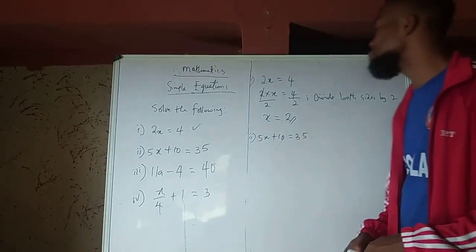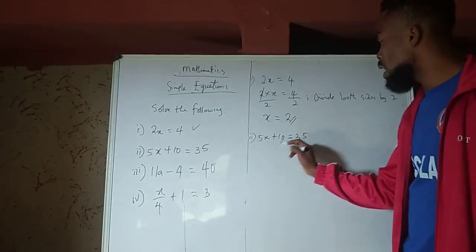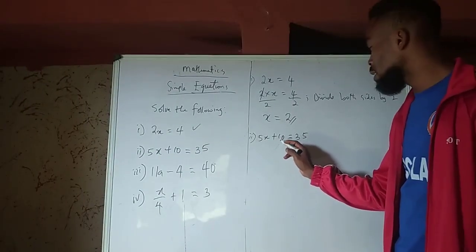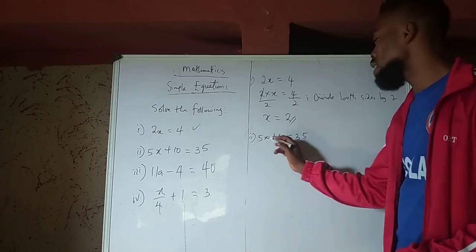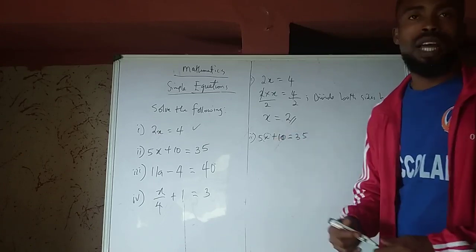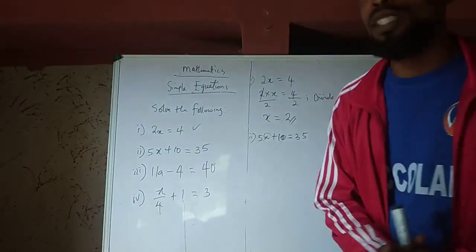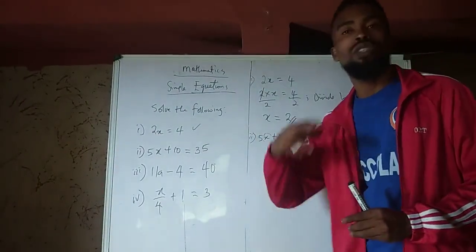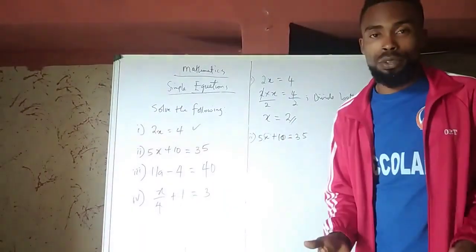So what do we do? Right here we have that 10. We are trying to make this x, the unknown, stand alone, because by the time the unknown is successfully standing alone, whatever is on the right hand side will be its value.